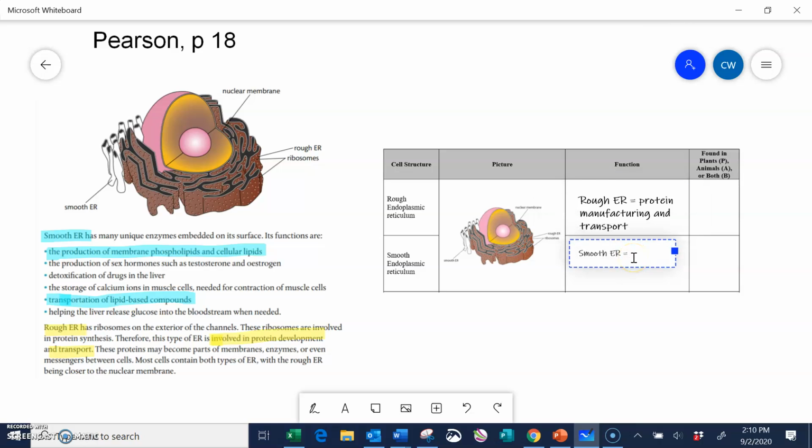For smooth ER, I'm going to talk about producing lipids for the cell and membrane and transporting them. So those seem to be nice, simple summaries of what the rough endoplasmic reticulum and the smooth endoplasmic reticulum do within most generalized eukaryotic cells.